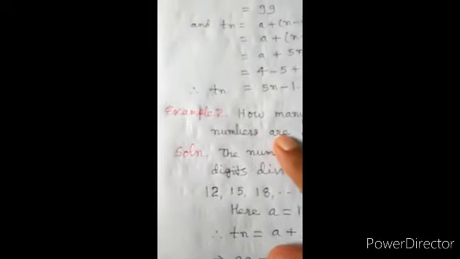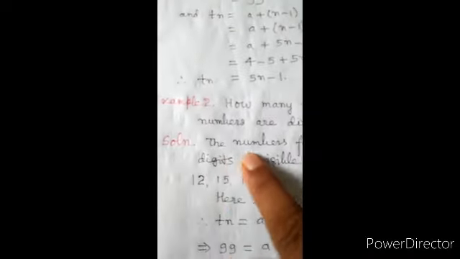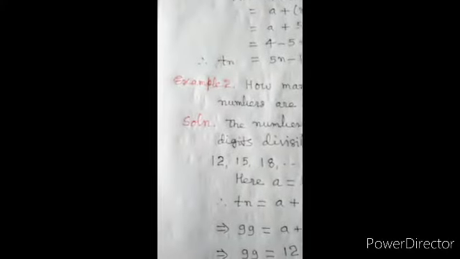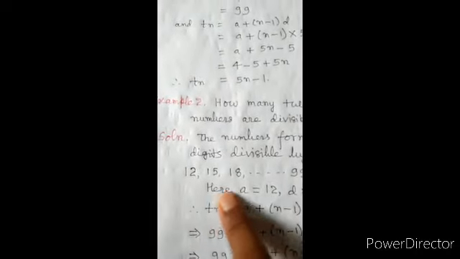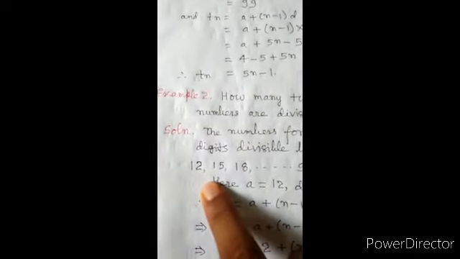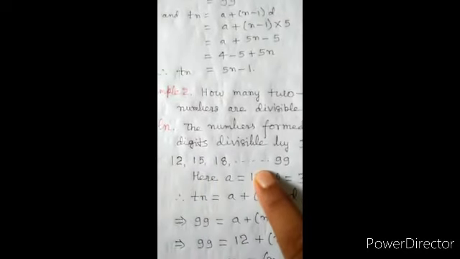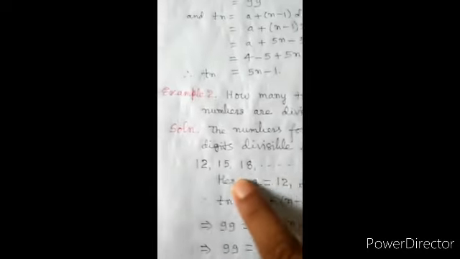Now take another example. How many 2-digit numbers are divisible by 3? Solution: the numbers formed by 2 digits which are divisible by 3. First number having 2 digits and divisible by 3 is 12, 15, 18, ..., 99.